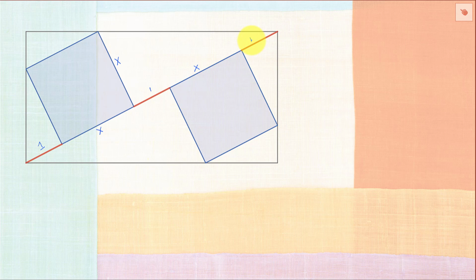Now notice that this angle and that angle are complementary because they add up to 90 degrees, right? So this angle is also the same as that angle, and this one is also complementary to that angle.